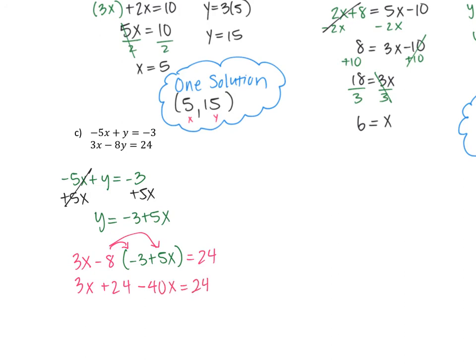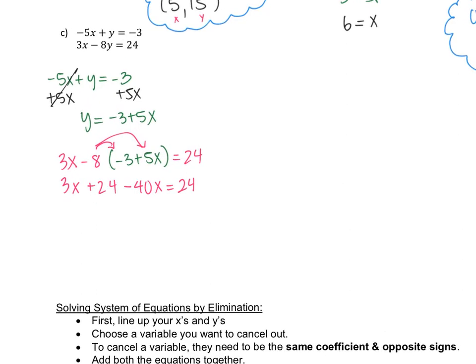And so from here, let's combine some like terms: 3x and negative 40x combine to give you negative 37x. And the 24 here, I'll just bring that down. So 24 minus 37x. Bring down the 24.